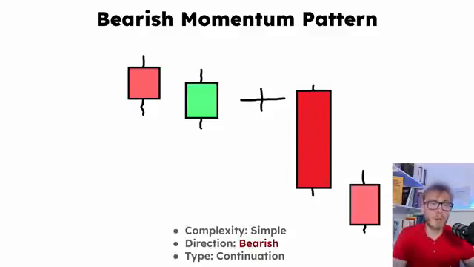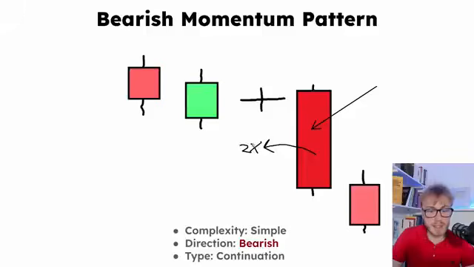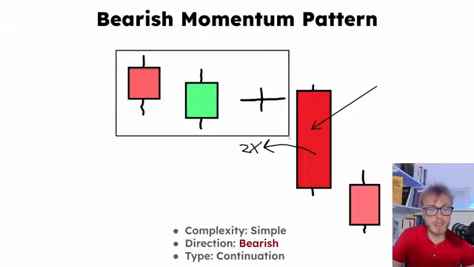So now then, how do we identify the bearish momentum pattern? What we're looking out for is a strong bearish candle. Specifically, we want the body of this candle to be at least twice the size of the previous candles.